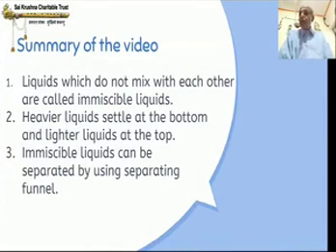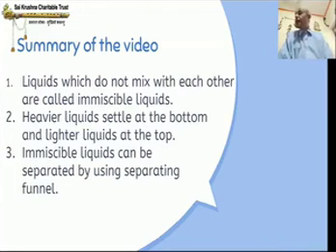Now here is the summary of the whole video. First, liquids which do not mix with each other are called immiscible liquids. Second, heavier liquids settle at the bottom and lighter liquids at the top.